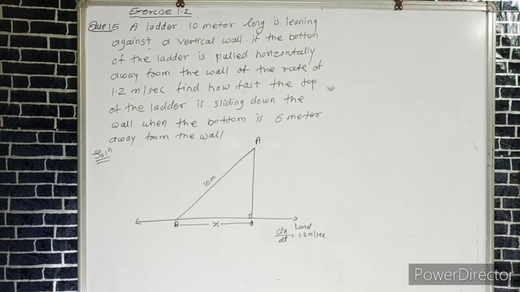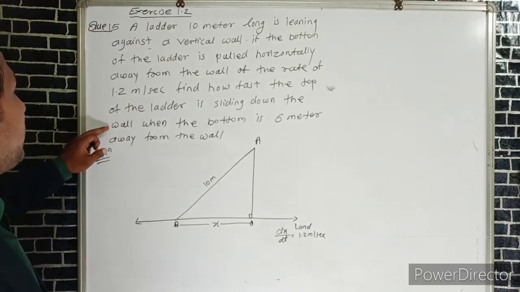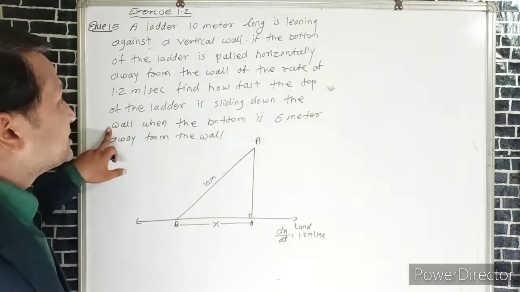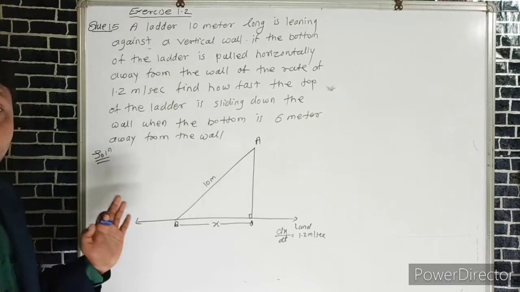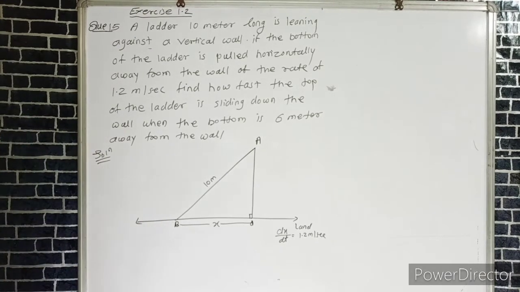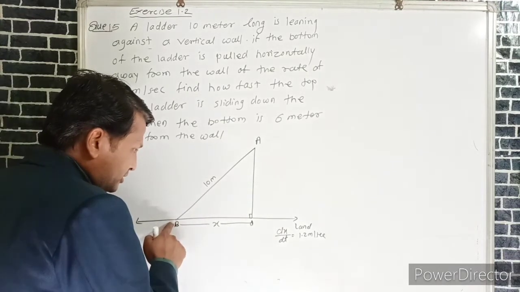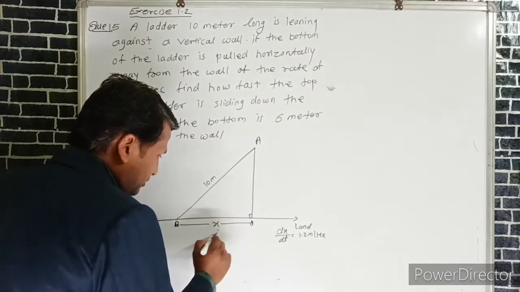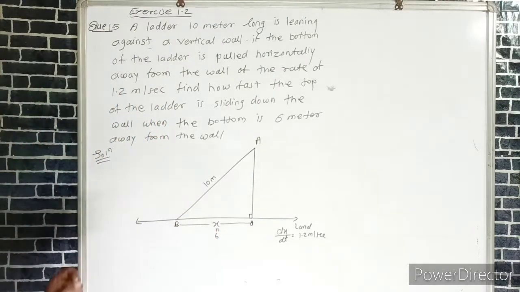Find how fast the top of the ladder is sliding down the wall when the bottom is 6 meter away from the wall. It means that the bottom of the ladder is 6 meter away from the wall, so here the value of x is also 6.